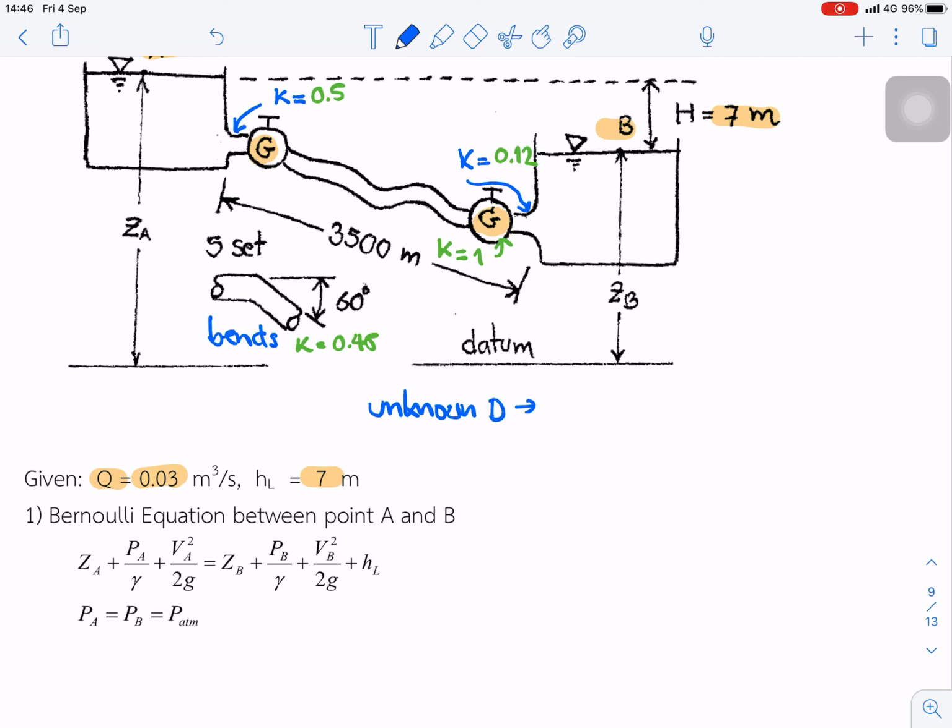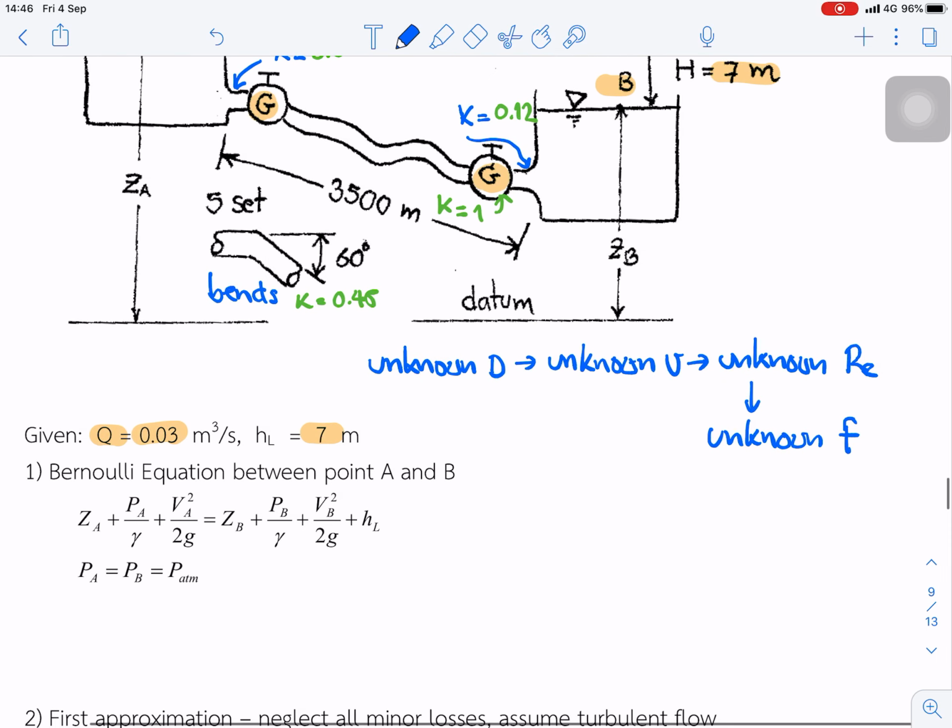So if we don't know diameter, we don't know area and velocity. And if we don't know velocity, we don't know the Reynolds number, and finally we don't know the friction factor. That's a problem.